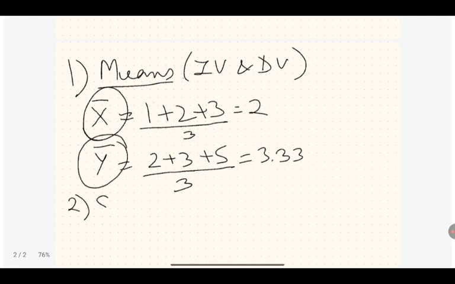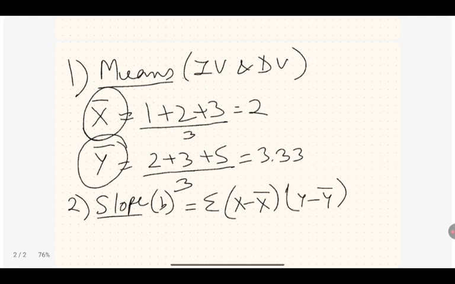Next step is to calculate the slope, b, which is required to be entered into the regression equation. I am going to show you the formula for calculating slope according to calculus, which is also how software calculates it. The formula is the summation of (x minus x bar) times (y minus y bar) over the summation of (x minus x bar) squared.